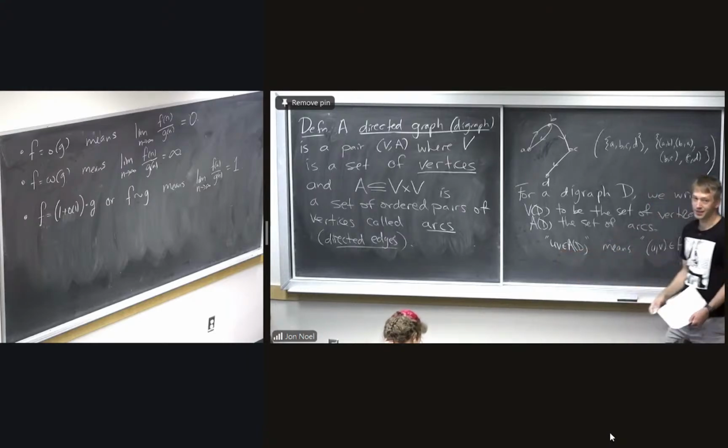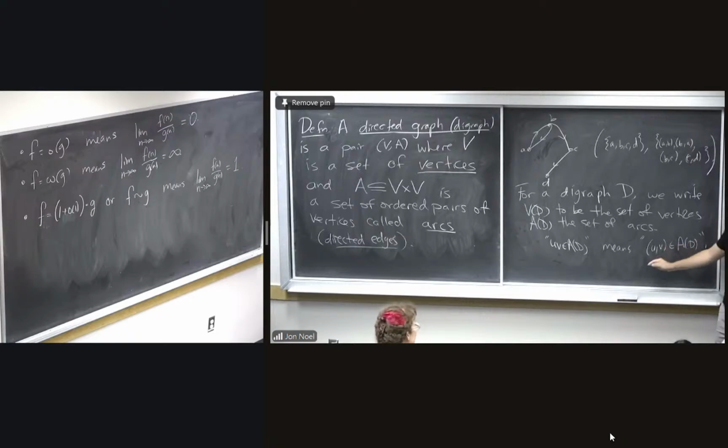And that just means there's an arc that points from U to V. What this really means is that in the digraph, there's an arc like this that exists. Have you guys seen directed graphs before? Probably most of you have.